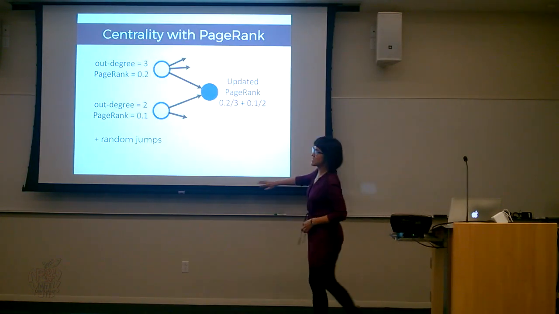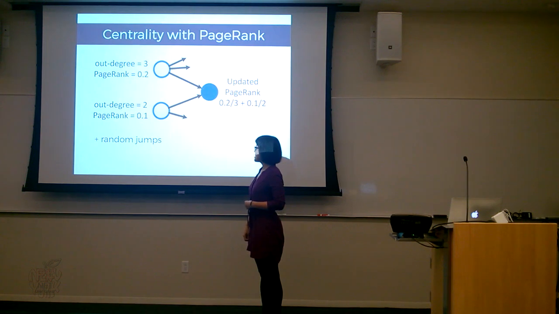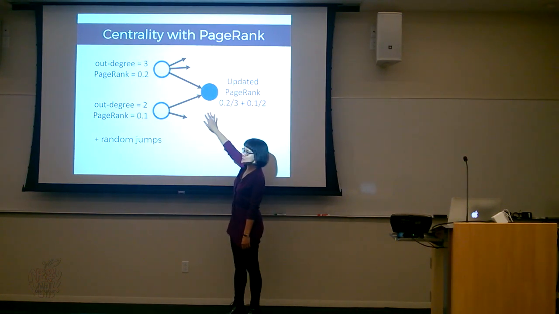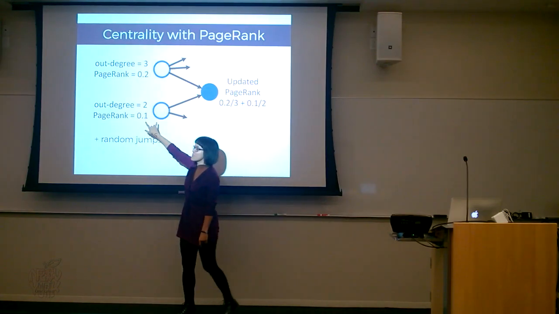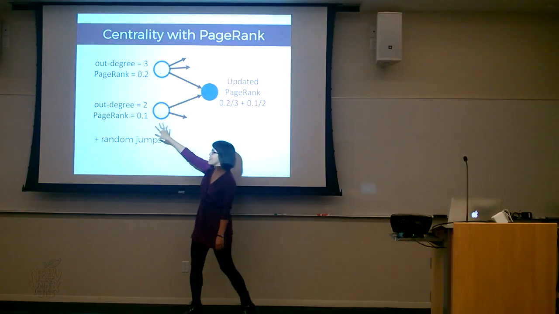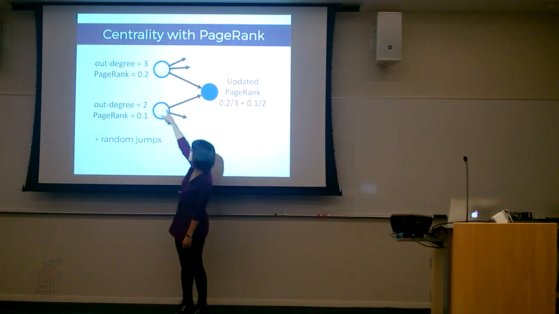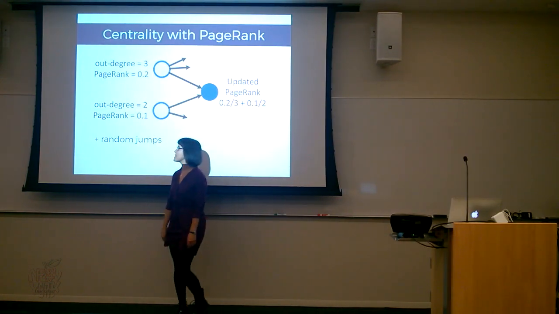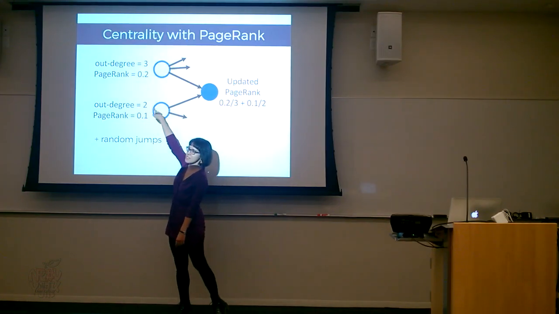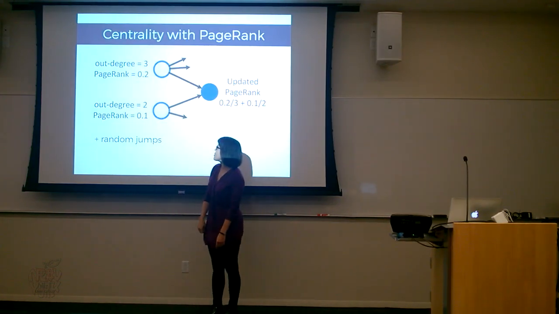And this is how to do it numerically. If we want to compute the PageRank of this node, we have to look at nodes that follow it. And the importance of each link is weighted by how many links are going out of each node.